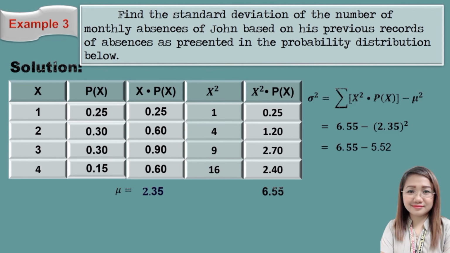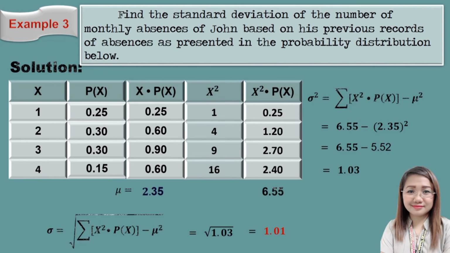Then 6.55 minus 5.52 is 1.03. So we have the value of the variance, which is 1.03. Then, getting the standard deviation is simply getting the square root of 1.03. And the square root of 1.03 is 1.01. So very good.